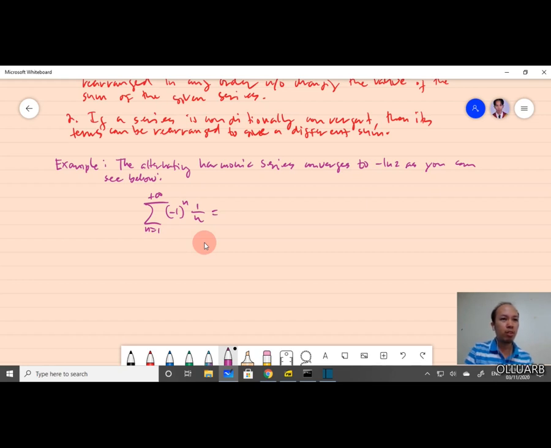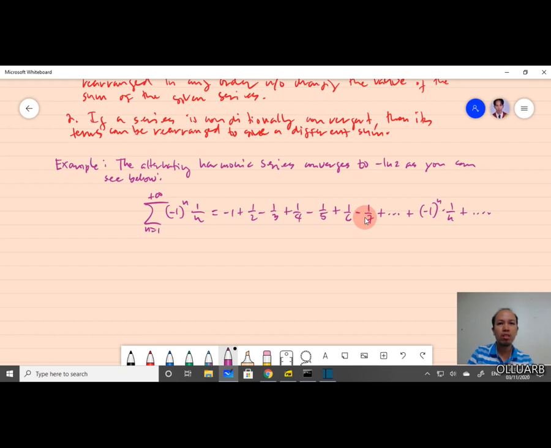If you expand this, it is -1 plus 1/2 minus 1/3 plus 1/4 minus 1/5 plus 1/6 and so on, minus 1 over 7 plus (-1)^n times 1 over n and so on and so forth.